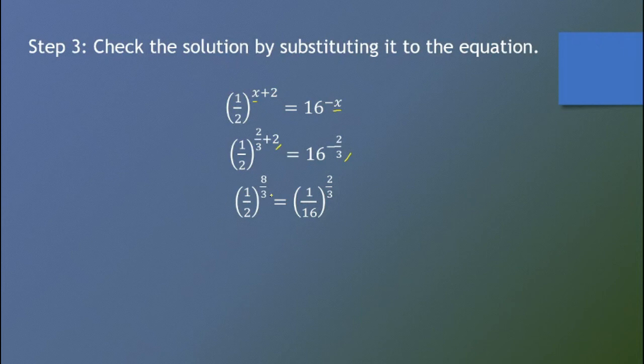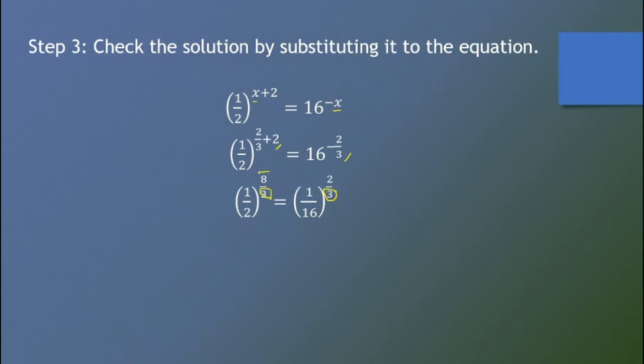Ang mangyayari dito, kapag convert natin siya into radicals, yung denominator, ayan, siya yung magiging index ng ating given. So, we have index of 3. Magiging cube root. Cube root yung kukunin natin.